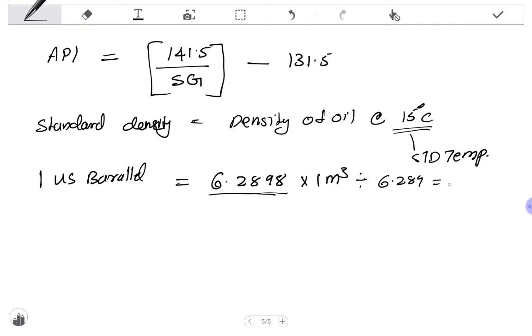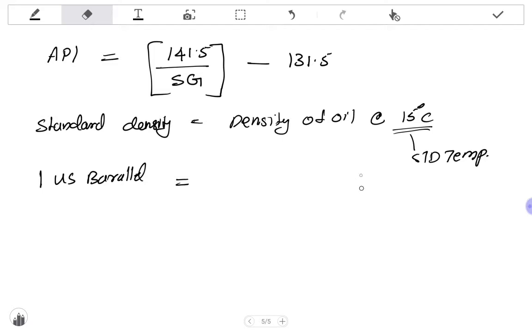It will come around 0.159, so around 159 liters is 1 barrel. That is the correct answer. So I will write it clearly once again for future reference: 1 US barrel is equal to 1 metric cube divided by 6.29. I am sorry for that.